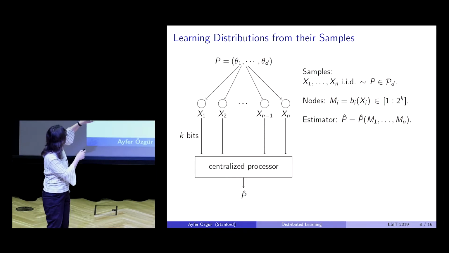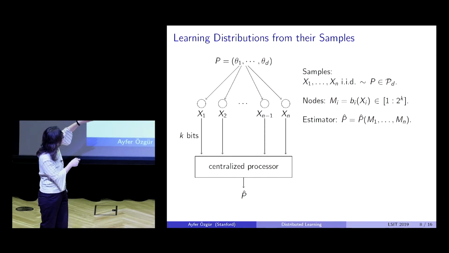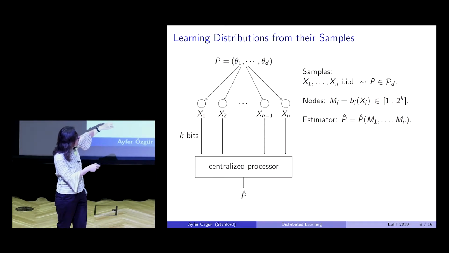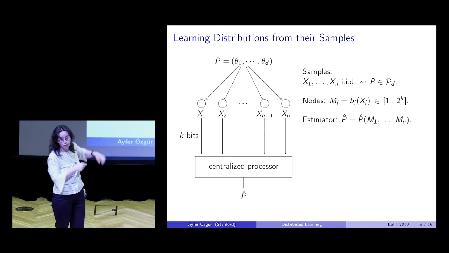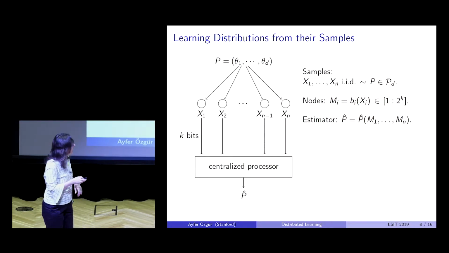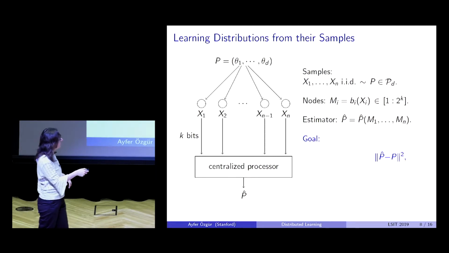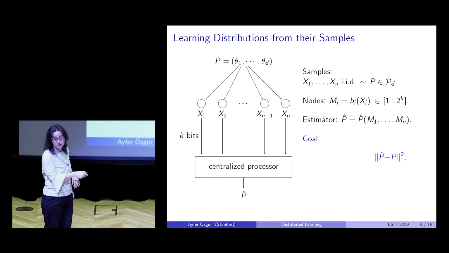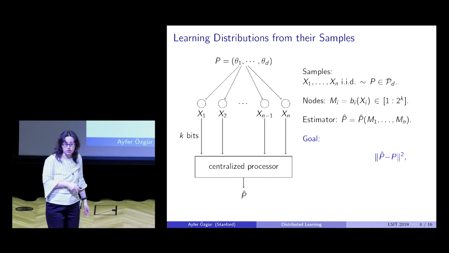Then these nodes communicate their k-bit messages to a central node, and the central node needs to output an estimate of the underlying distribution, and we will measure error with squared L2 distance. So if the underlying distribution is p, and our estimator outputs p hat, then our error is the squared L2 distance between these two distributions.